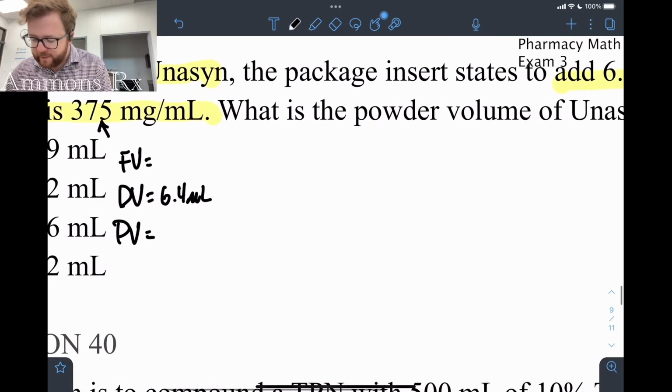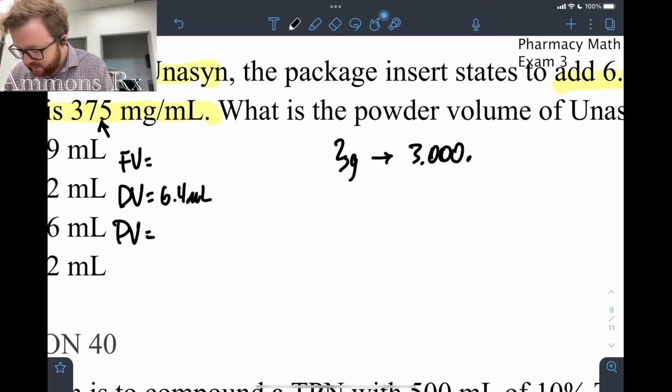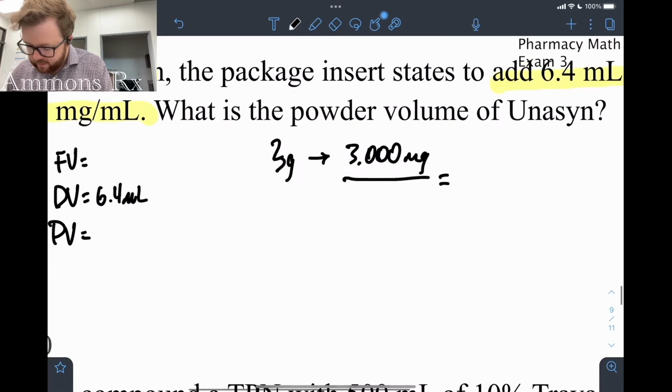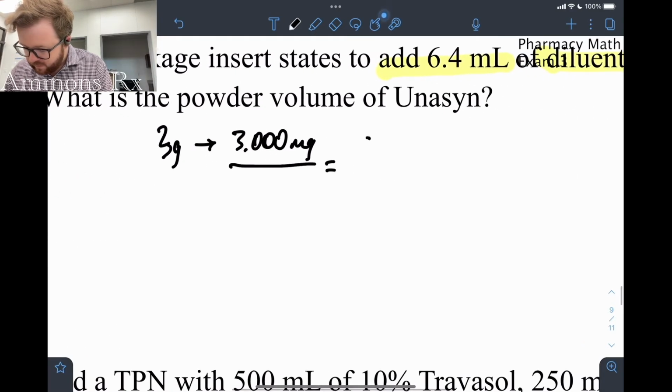How many milligrams did we start with? 3 grams, 3,000 milligrams. That's going to end up being 375 per. Okay.